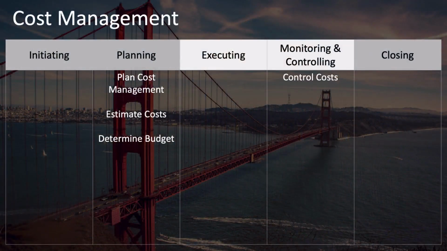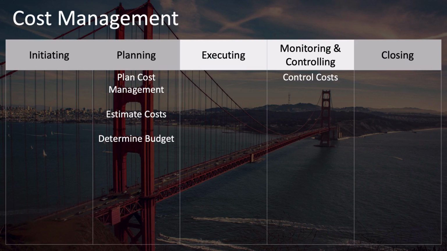As you can see from this table of cost management processes, there's only one cost management process that's in the monitoring and controlling process group, and that is the process known as control costs. Notice that as with scope management and schedule management, cost management doesn't have an executing process.